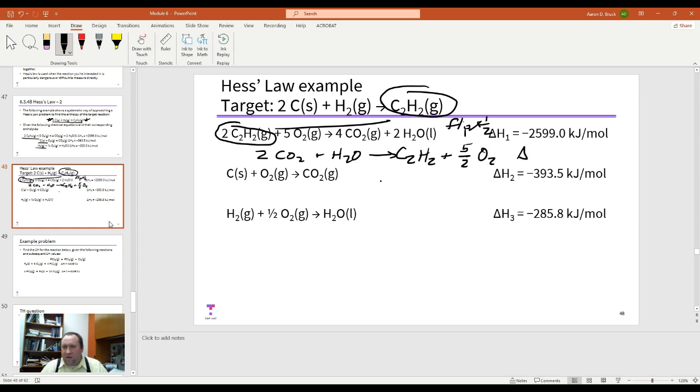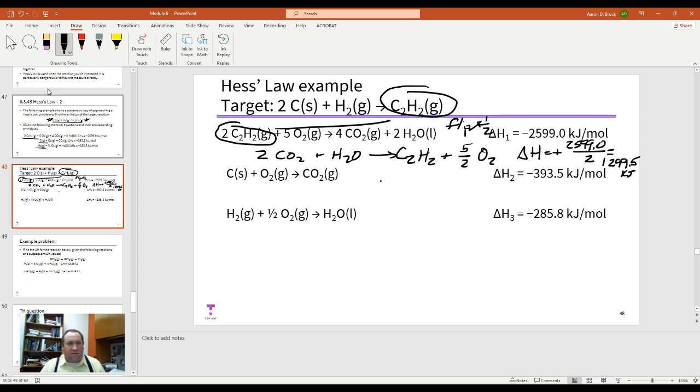Now the delta H value is going to be the opposite times 1/2. So negative gets turned into a positive. 2599.0 kilojoules divided by 2 is going to give me 1299.5. So that's the value that I'm going to work with here. That's what I'm going to end up using.